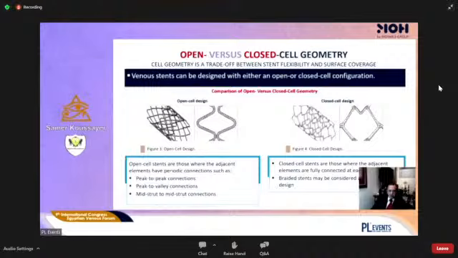The open cell has peak to peak connections, peak to valley connections, and mid slot to mid slot connections. Whereas closed cell designs are those where the adjacent elements are fully connected at each crown, and a braided stent may be considered a closed cell design. So usually when you hear about a braided stent, it's mostly a closed design.